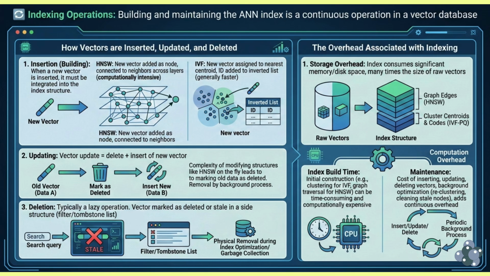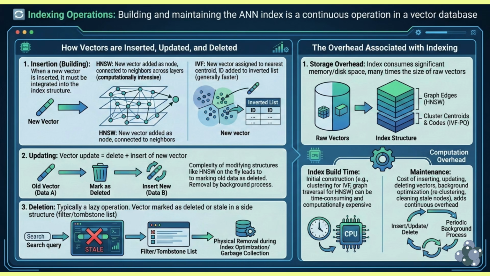For HNSW, the new vector is added as a node and connected to its neighbors across all relevant layers of the graph, which is computationally intensive. For IVF, the new vector is assigned to its nearest centroid, and its ID is added to the corresponding inverted list. This is generally faster than HNSW insertion.